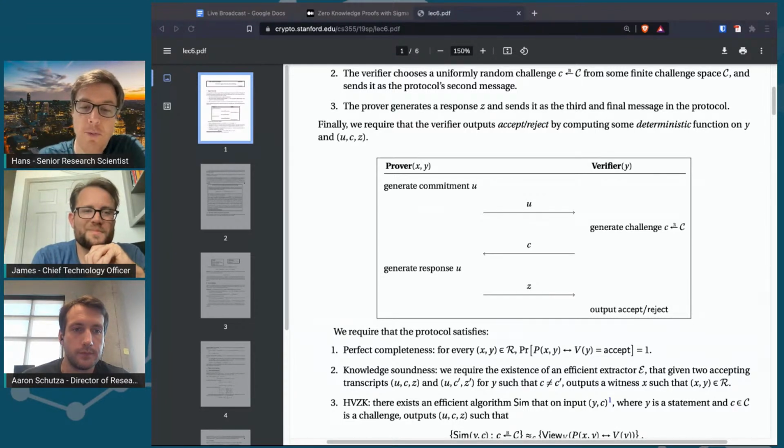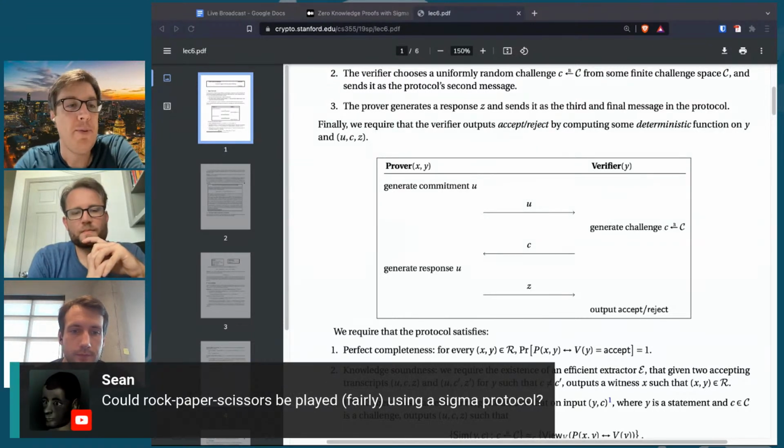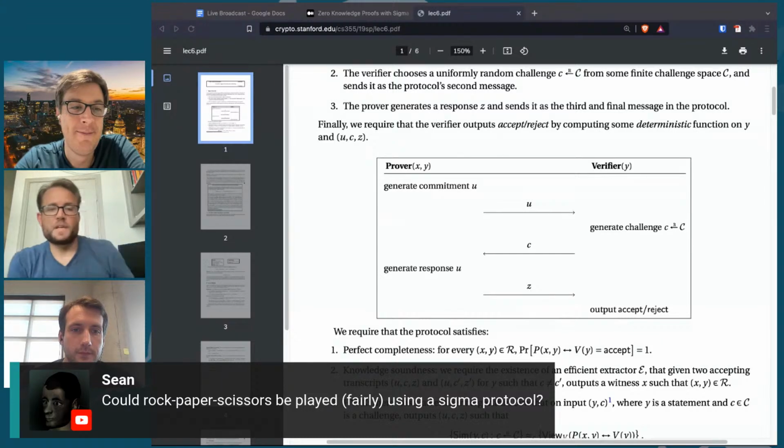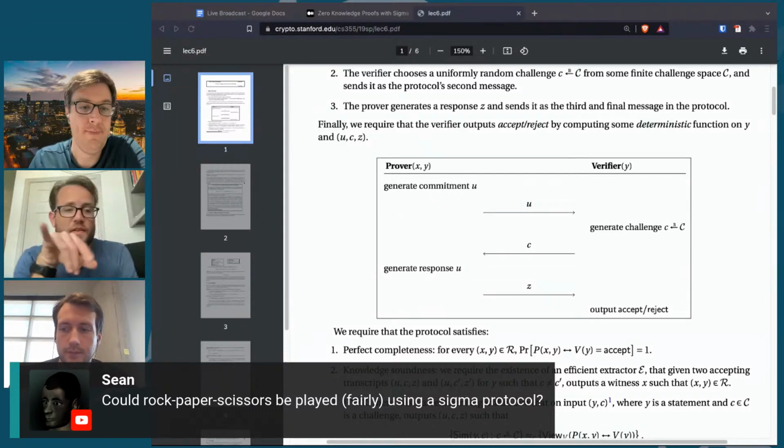Before we close out, I wanted to answer one question that we got from Sean that I thought was pretty interesting. Could you play rock, paper, scissors with a sigma protocol? Yeah. Do you want to pull up the coin flip game in the Ergo script by example repo?